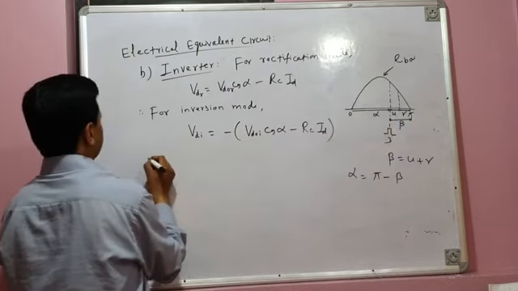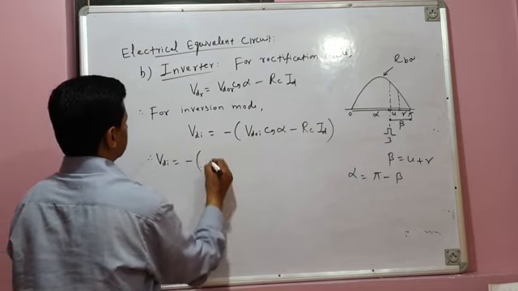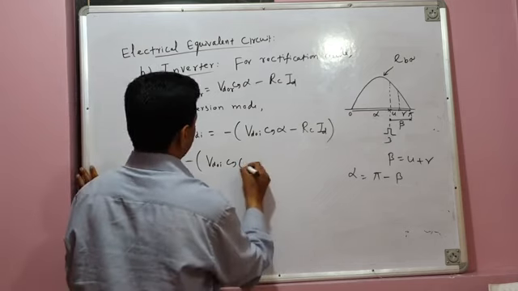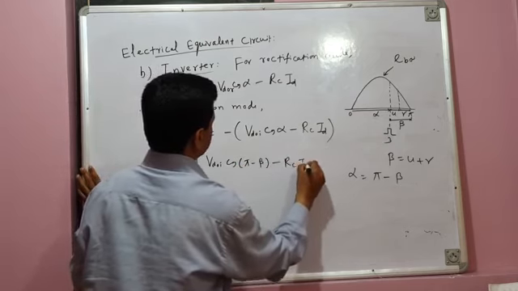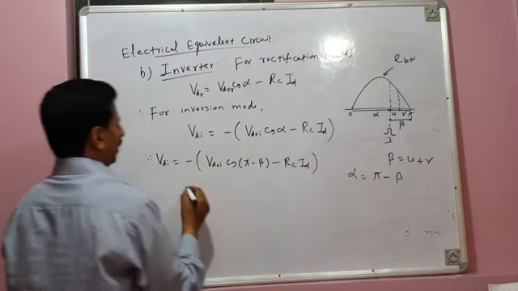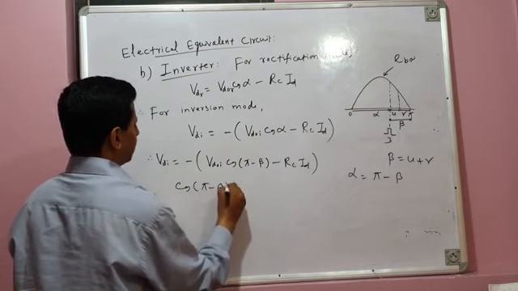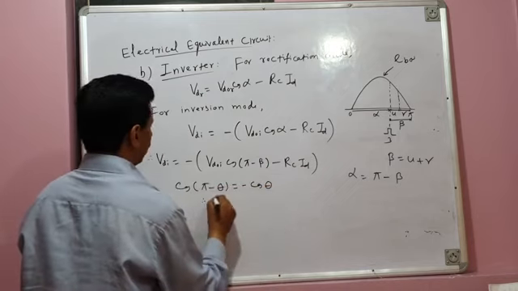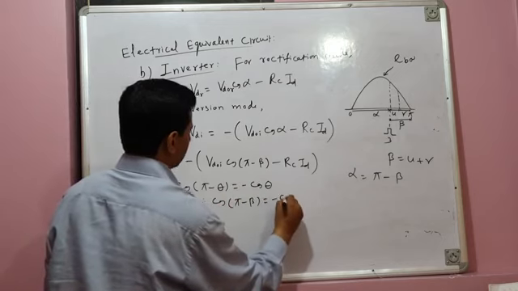So substituting here, therefore VDI is equal to minus times VDOI cos alpha, alpha is pi minus beta, minus RC ID. Okay, now you must remember the trigonometric identity that cos of pi minus theta is minus cos theta. So therefore cos of pi minus beta is equal to minus cos beta.